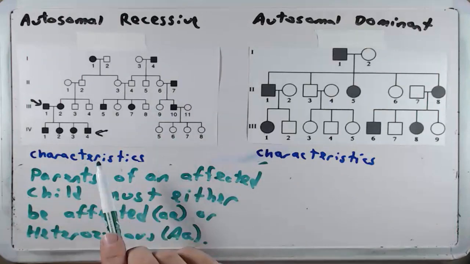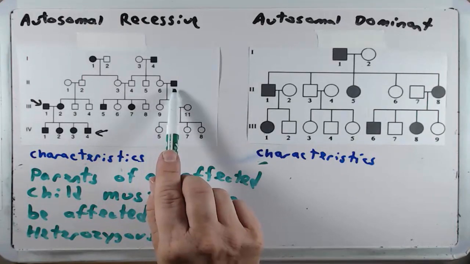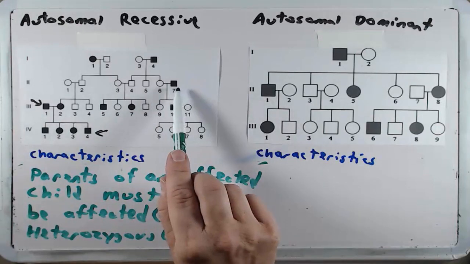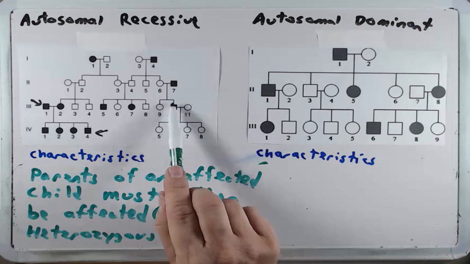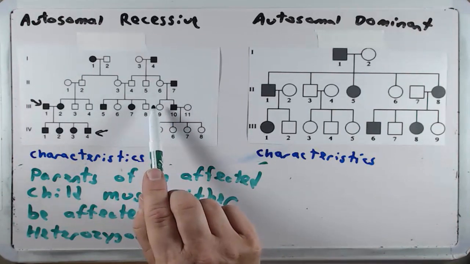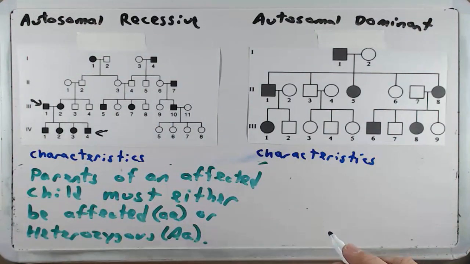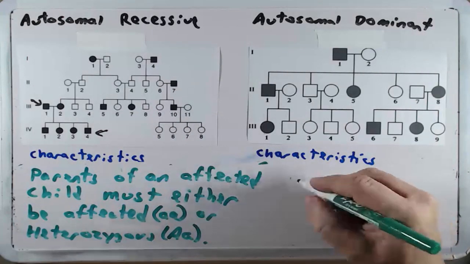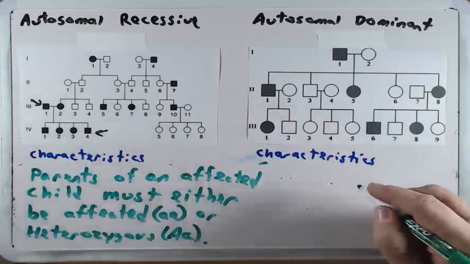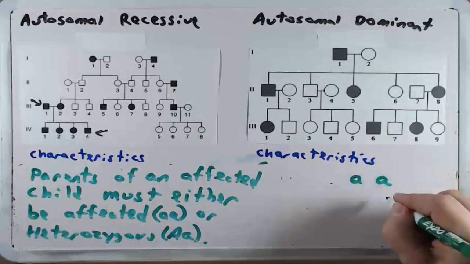So for instance here, these two parents here, we know that person's shaded in, so we know that they must be little a, or homozygous recessive. And since they had a child that had the trait, we know that number 6 here has to be heterozygous. And if you're not sure why that's the case, let's go ahead and do a Punnett square. We know 7 here has to be little a.